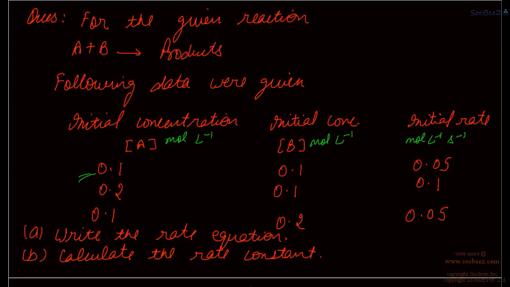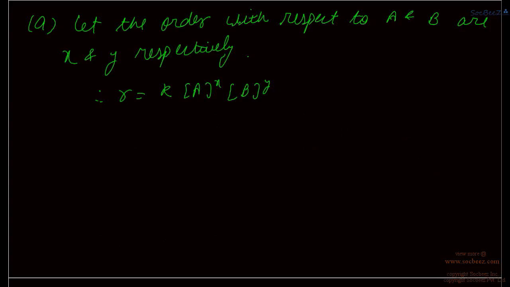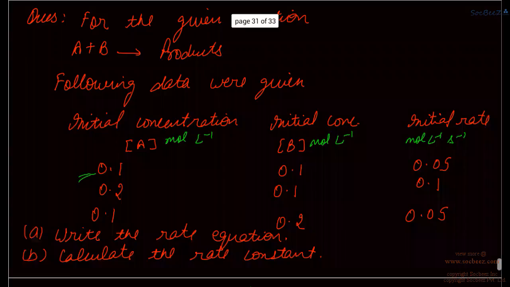Now let's observe this part. 0.1 molar of A, 0.1 molar of B, and 0.05 mole per liter per second is the rate. So substituting this first value, we get 0.05 equals k into 0.1 to the power x into 0.1 to the power y.